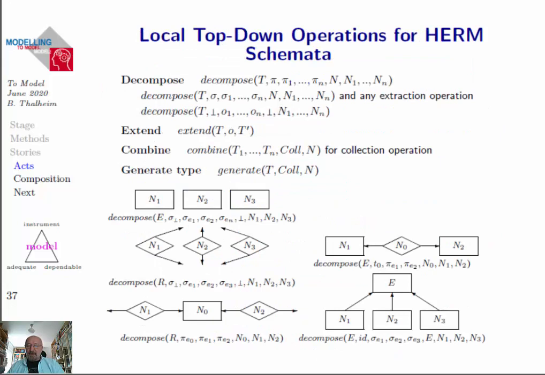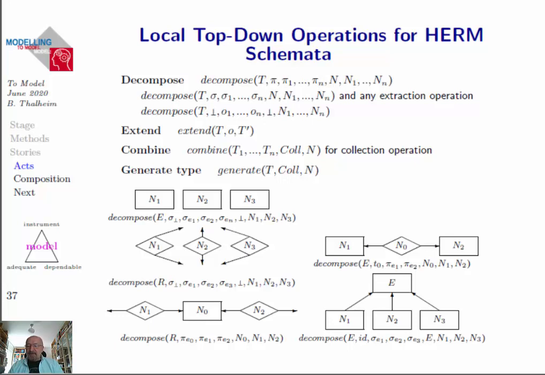We use in this case a number of operations. A typical one is, for instance, to decompose something into different parts. We can also decompose entity or relationship types in a proper way. We can also decompose components of an entity type to become associated with the central part of the entity type.